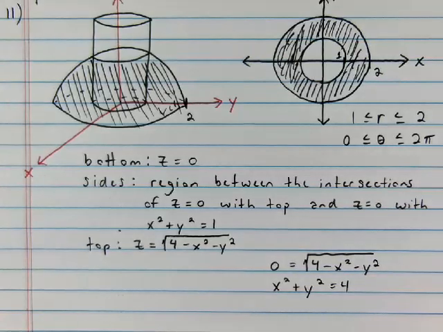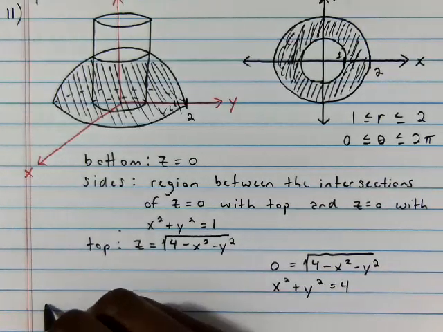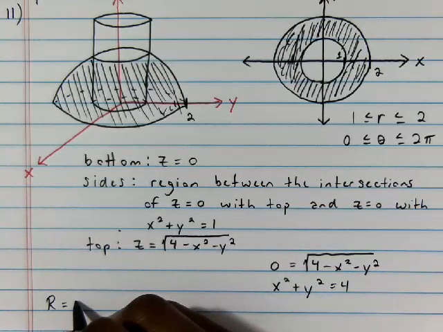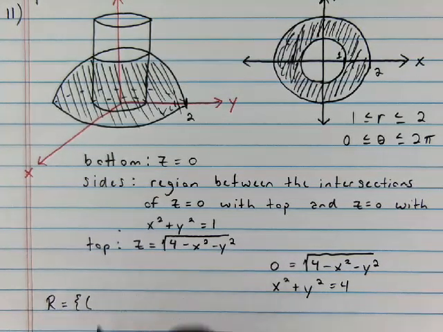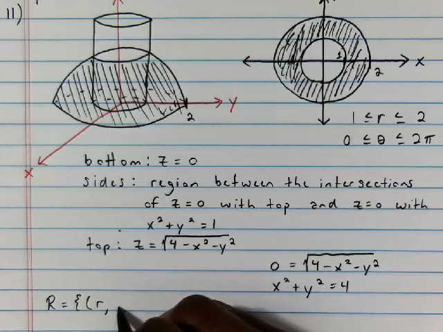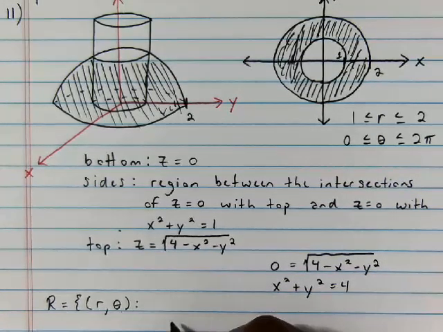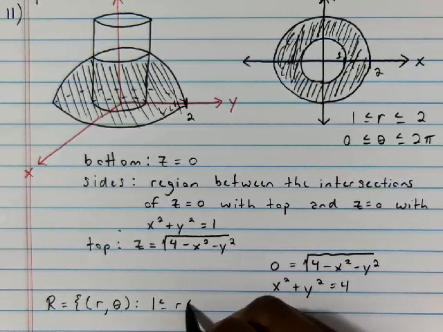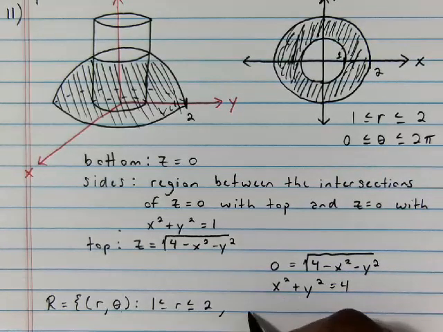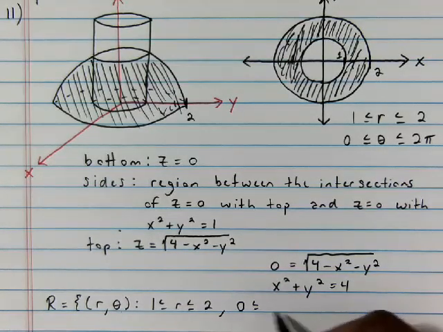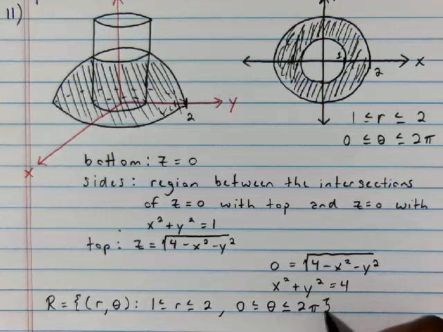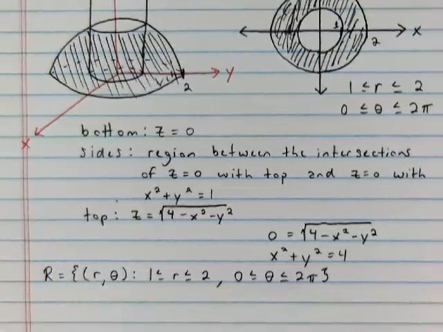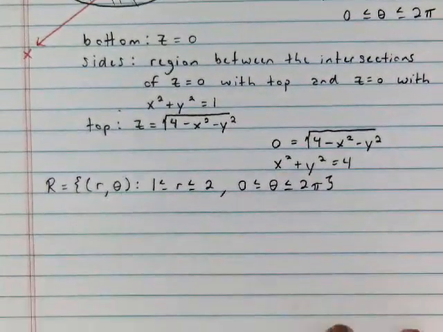And I want to write that up there so we make sure we don't accidentally try to do this in rectangular coordinates, which will make our life much more difficult. So now here we have R is equal to the set of points (r, theta), where r varies between 1 and 2, and theta varies between 0 and 2 pi. All right, now we are ready to actually set up our integral and evaluate it.